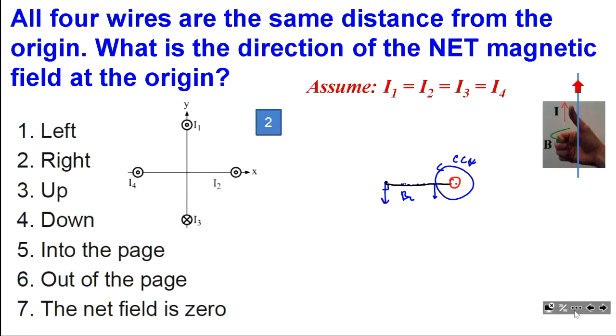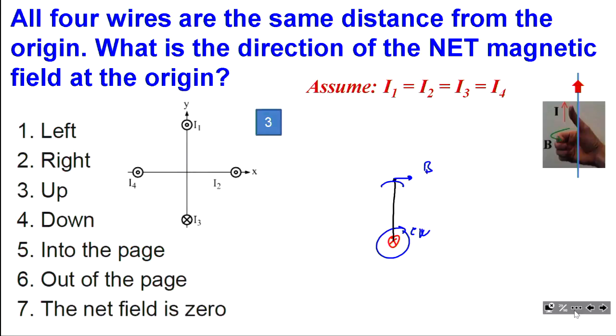So now, number 3. It points into the screen, the same location, but now it's above. Now, the right-hand rule says that magnetic field lines will be clockwise. So if I draw perpendicular, the arrow should point to the right.